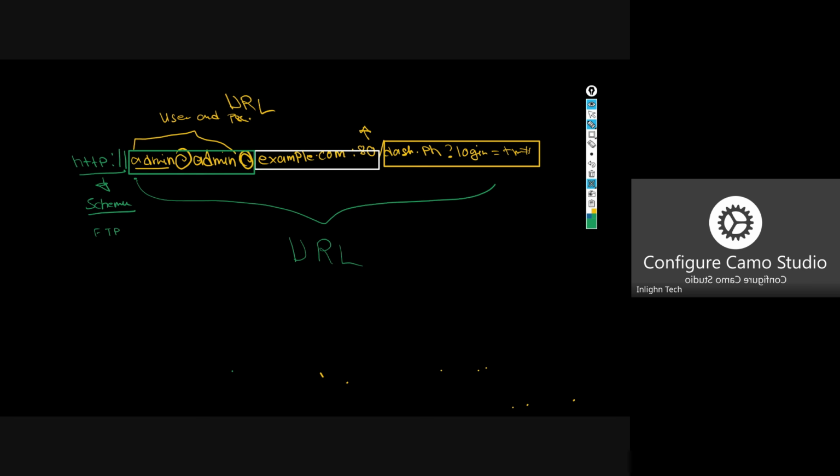Important thing to notice: the scheme is mandatory. Every URL has the scheme. So this part you'll find everywhere, this part also everywhere. But the username and password you won't find everywhere. It is possible to pass a username and password in the URL, but this is not usually the case. So this is how a URL looks.